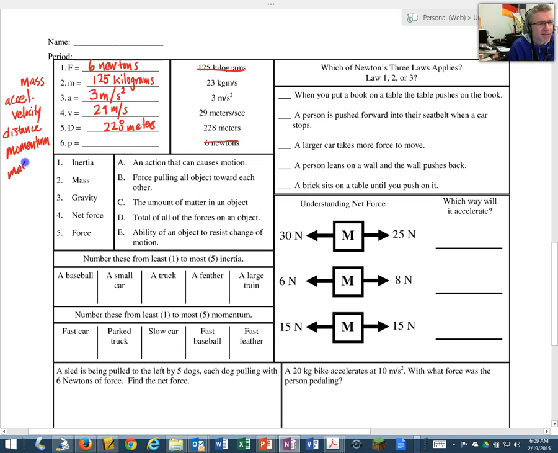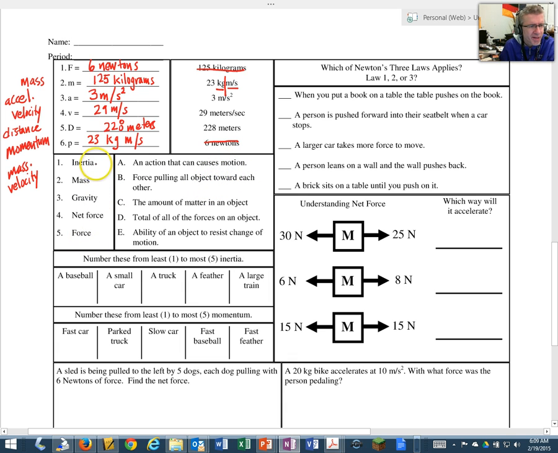Momentum is mass times velocity. So this is mass, kilograms times meters per second. And this is an unfortunate typo here, but it's 23, there wasn't a space there. Kilograms times meters divided by second. Okay, so get that section down. It's basically what are the units that we use for various things.